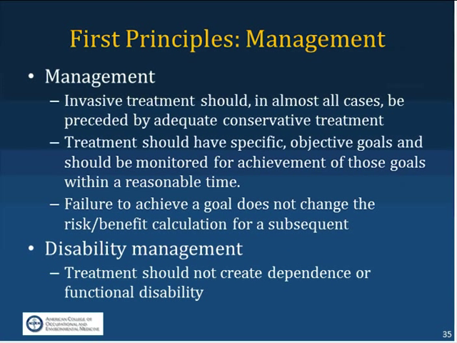When you're managing somebody, the idea is to precede invasive treatment by adequate conservative care. Now, this does not apply to emergencies. Obviously, if somebody's broken something or has cauda equina syndrome, this is not an issue, but that's not what most of us see. It's more ongoing type of things that are more medical than surgical. And you want specific goals that are stated before you start treating somebody.